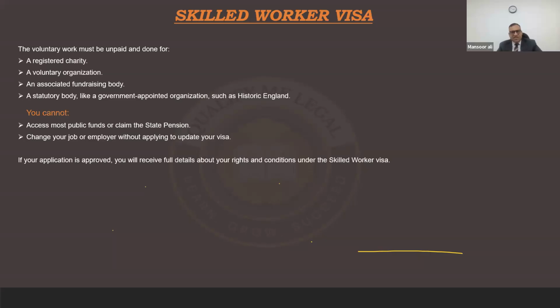These are some basic checks which you can do by yourself. If they are authorized to issue a visa, because all employers, before issuing a visa to you, need a license from the Home Office. They need to apply for a license for themselves. And once this license has been granted, thereafter they can employ you.